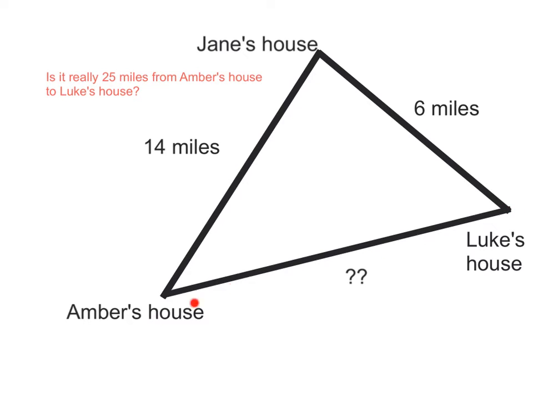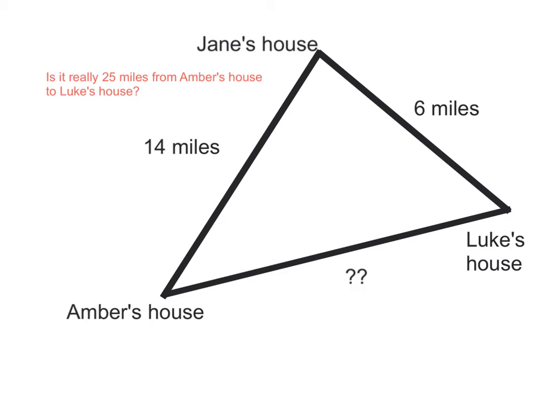Well, right here between Amber's house and Luke's house, we don't know how many miles it is. But the question is, is it really 25 miles between Amber's house and Luke's house? Because Jane seems to think that it's 25 miles. So we need to figure out, is that true?